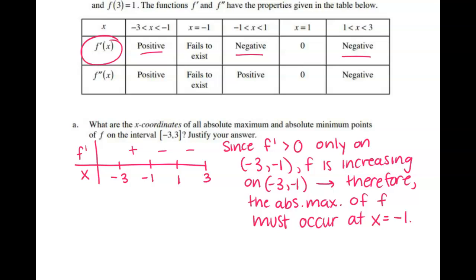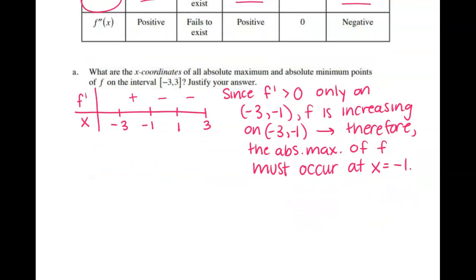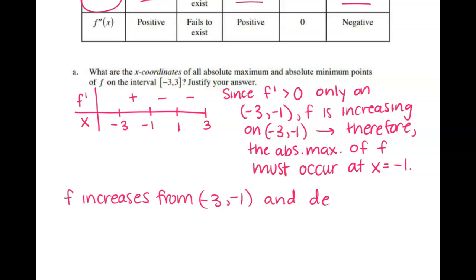Let's think about absolute minimum. It increases starting at -3, because f prime is positive. So f increases from -3 to -1 and decreases from -1 to 3.